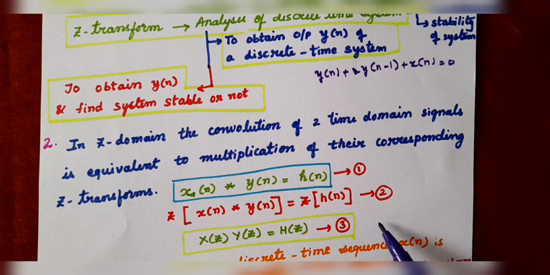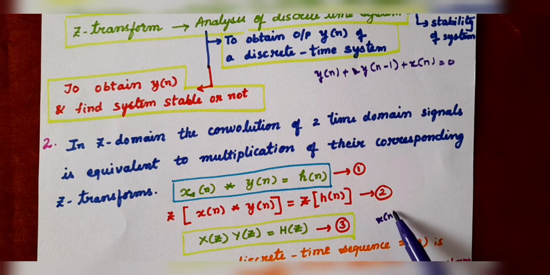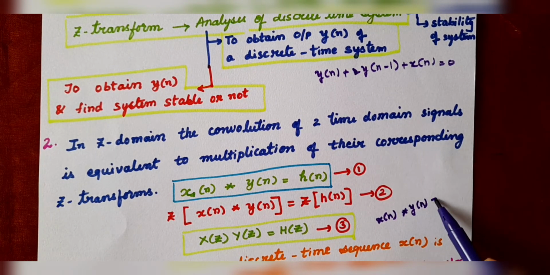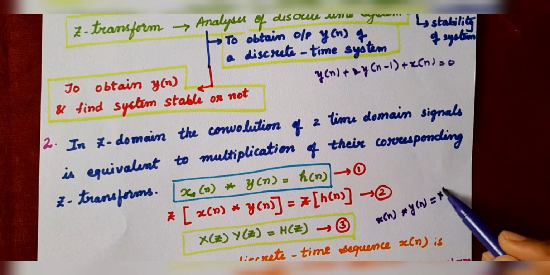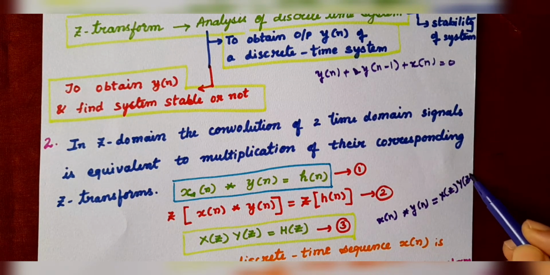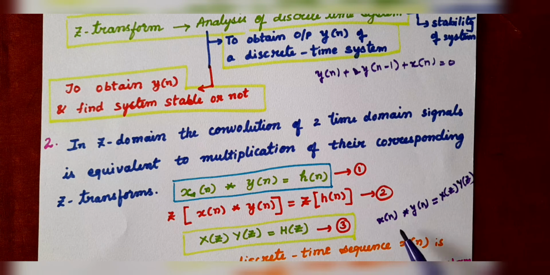Okay, I hope it is understood. x of n convolved with y of n is equivalent to X of z dot Y of z. Here n is the time domain and z is the Z transform domain. So, when two signals are convolved in time domain, it is equivalent to multiplication of their corresponding Z transforms.